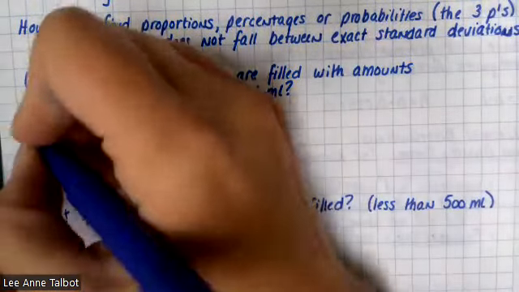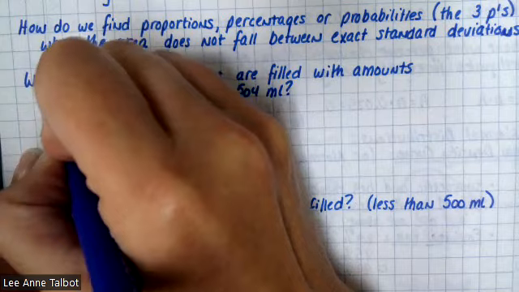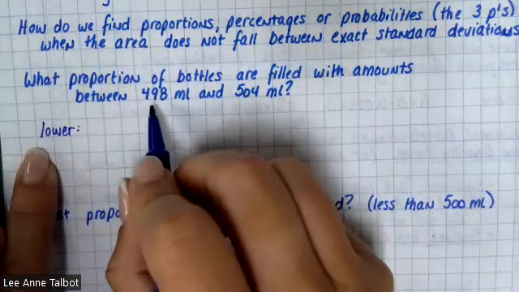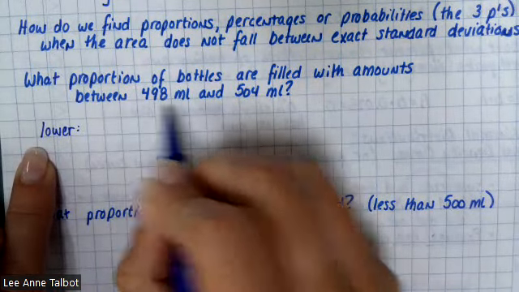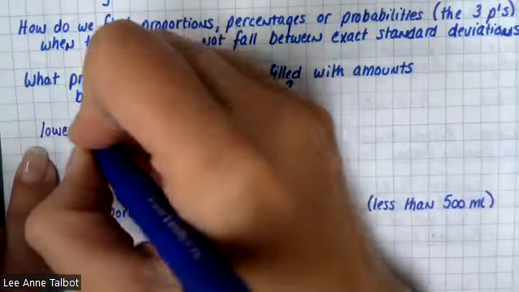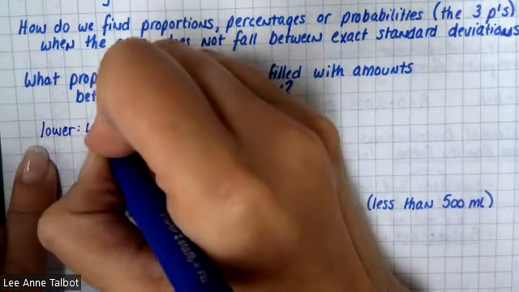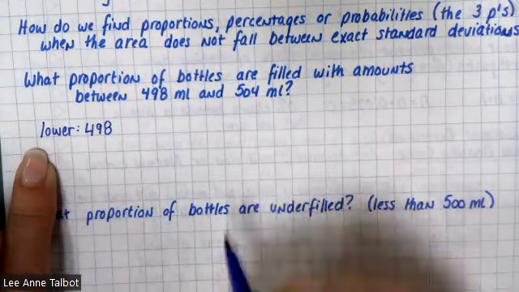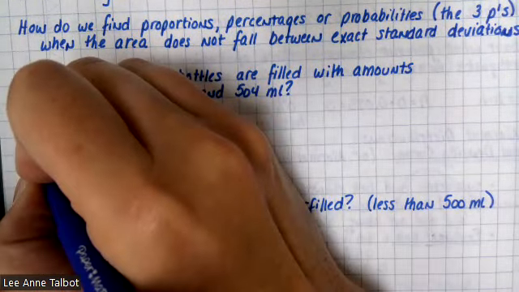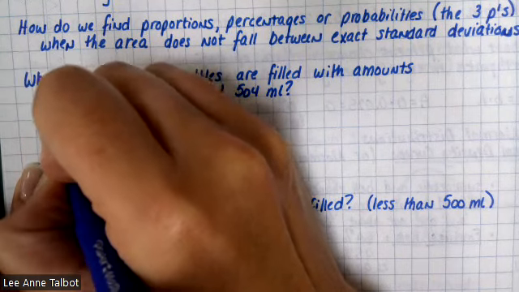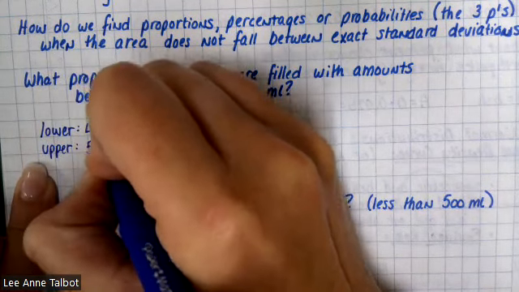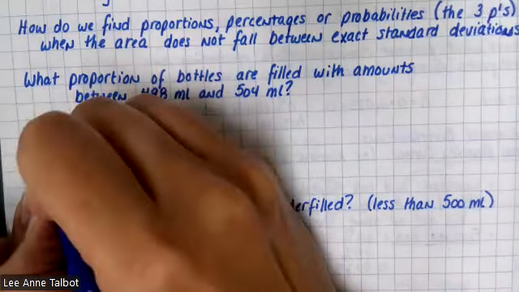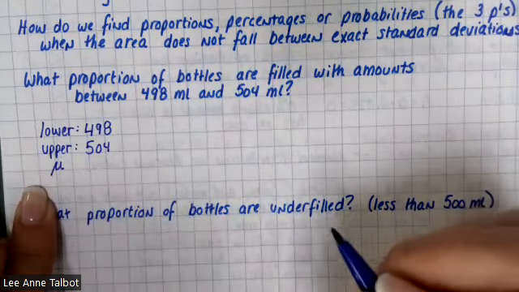What do we know about this problem? We want to go between 498 and 504. So our lower bound is going to be 498. Our upper bound is going to be 504. The mean, we're going to have to scroll up for that.